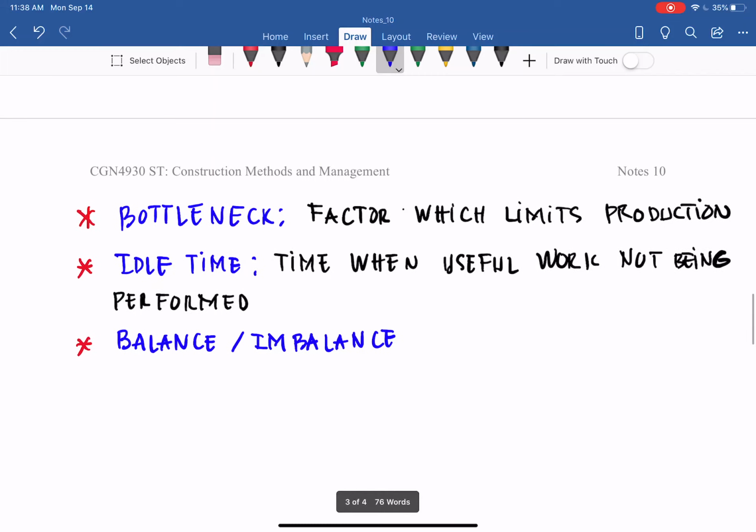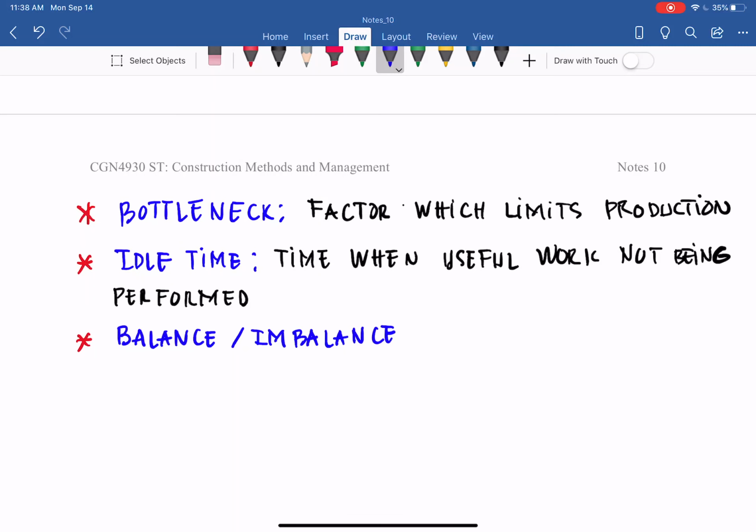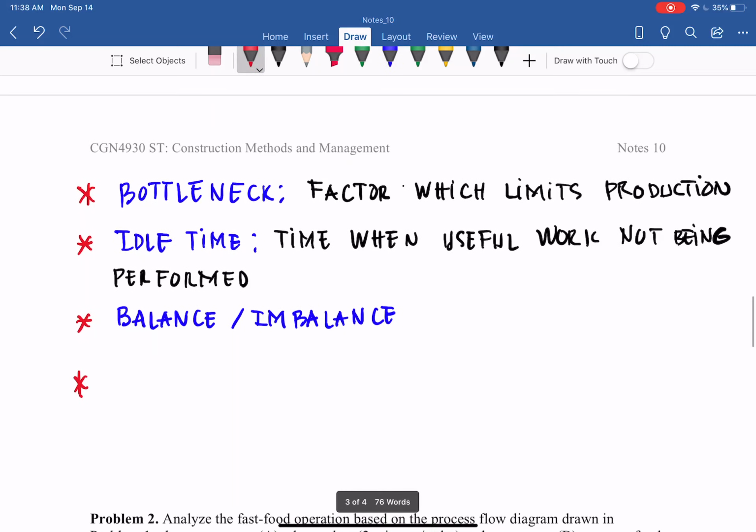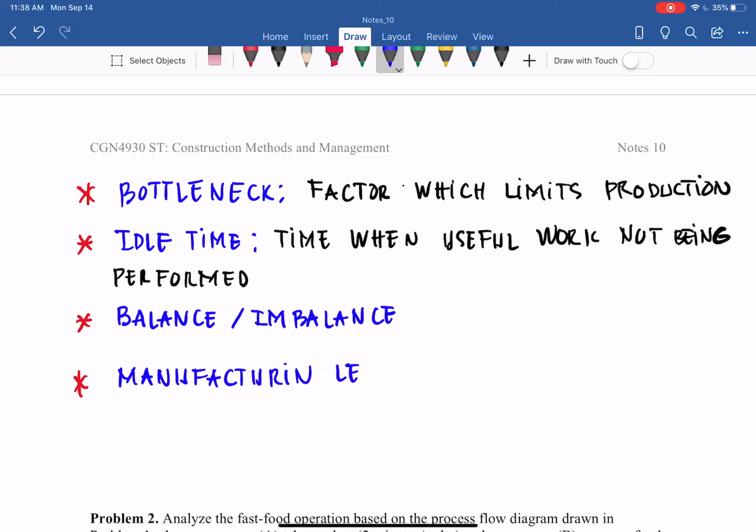And the last concept before we apply these to the problems, which is quite new in this class, is the manufacturing lead time, called MLT.